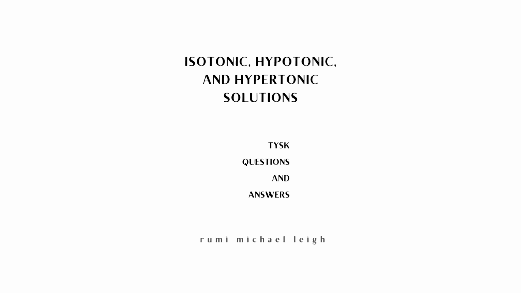Chapter 4. 1. What is an isotonic solution? In an isotonic solution, there is an equal concentration of the solution inside and outside the cell. 2. Are isotonic fluids meant to increase or decrease the extracellular fluid volume? Isotonic fluids are meant to increase the extracellular fluid volume. 3.